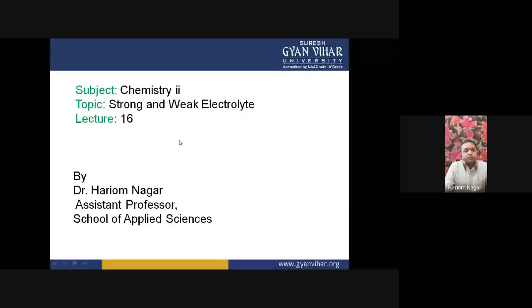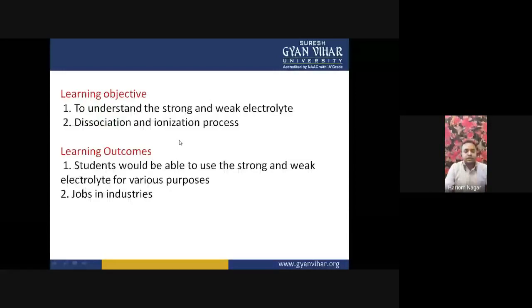The learning objective of today is to understand strong electrolytes, the properties of strong and weak electrolytes, and how conductivity, dissociation and ionization occur in them. How do they dissociate or ionize? When we dissolve electrolytes in a solution, there may be dissociation or ionization of the compounds.